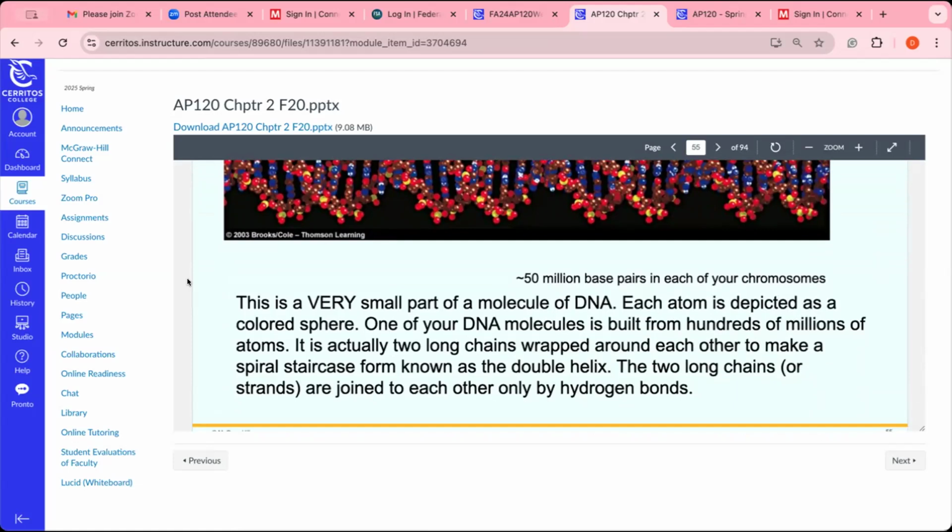One of your DNA molecules is built from hundreds of millions of atoms. It is actually two long chains wrapped around each other to make a spiral staircase form known as the double helix. The two long chains or strands are joined to each other only by hydrogen bonds.